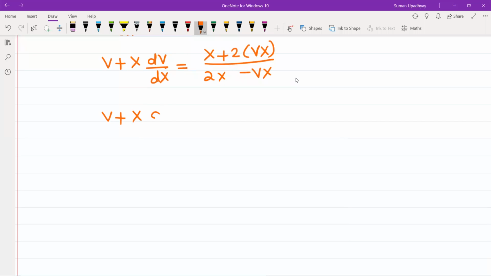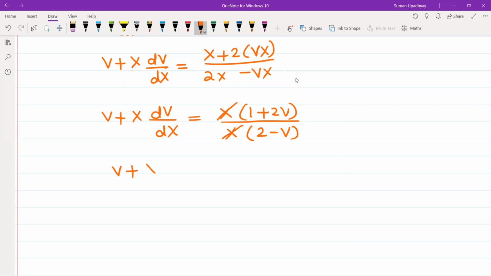Now we'll try to separate the variables. In the numerator X is common, take it outside and you'll be left with 1 plus 2V. In the denominator also X is common, take it outside, you'll be left with 2 minus V. So this X and this X will get cancelled and you'll be left with V plus X dV by dX is equal to (1 plus 2V) upon (2 minus V).